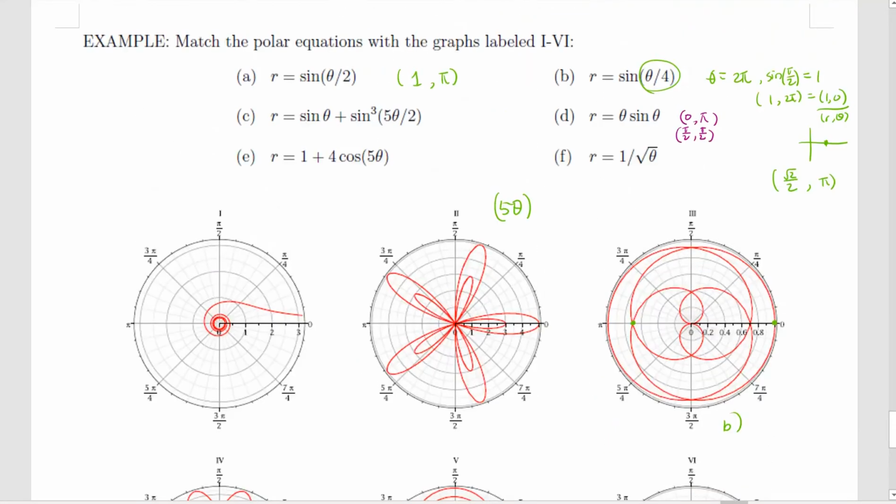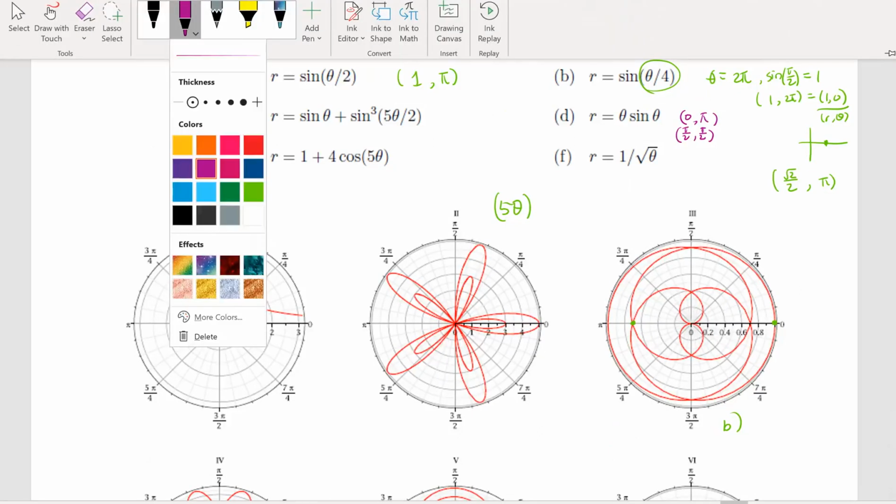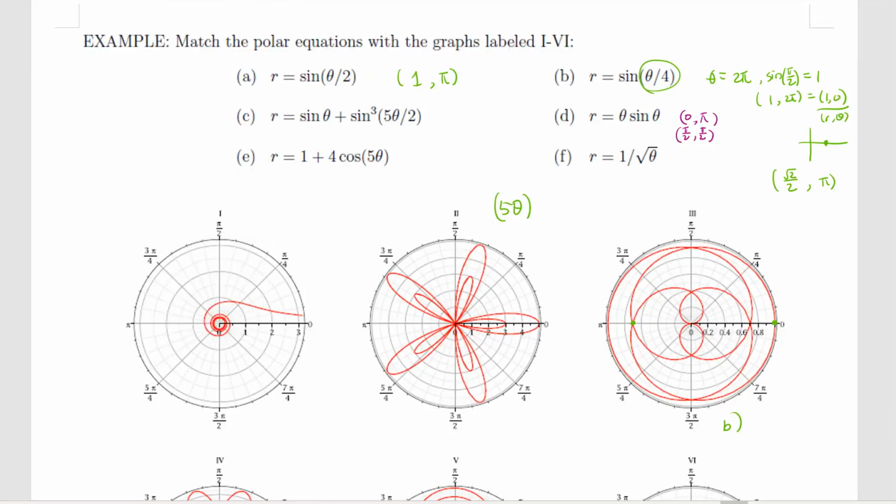How about E? E is 1 plus 4 cosine of theta. Let's plug in some points. If we plug in pi over 5, we get cosine of pi over 5 times 5, which is cosine pi, and cosine pi is -1.